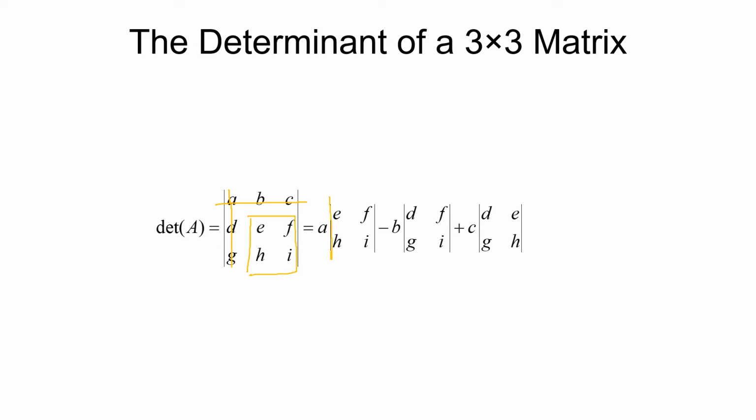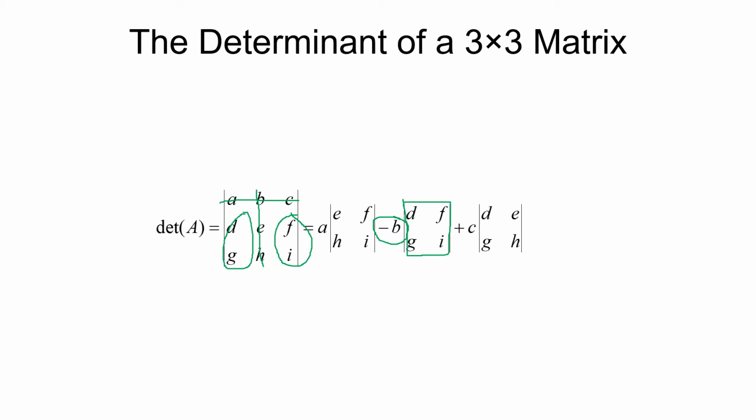So this is the determinant here, and we copy the A over here, and next it is followed by the second element which is B. To get the coefficient of B, you need to write a minus B here, and then cross the row and the column related to B, and you will get these two elements to be part of the determinant. The F, G, and I.